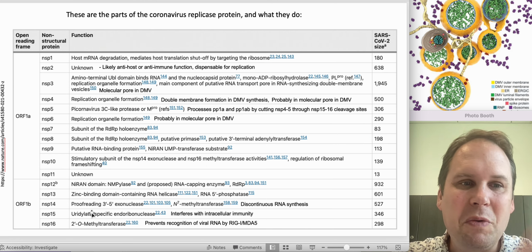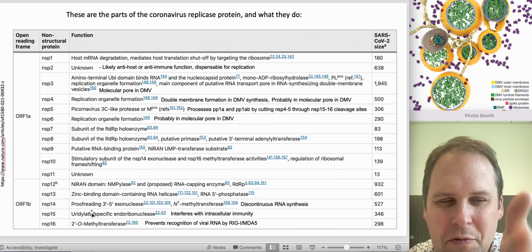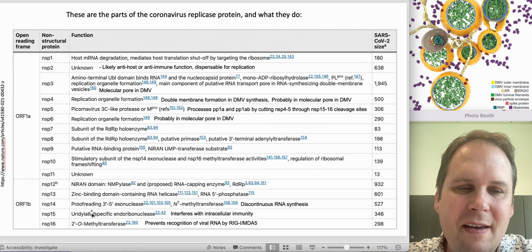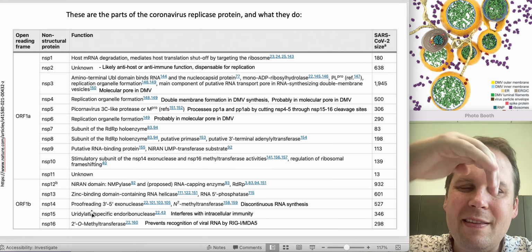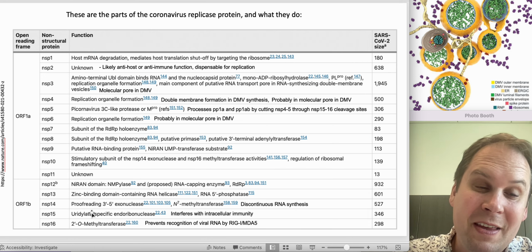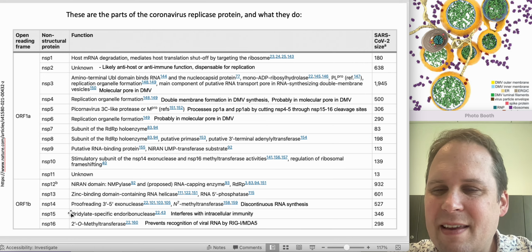NSP14 will correct the mistakes if there are too many, so that the virus can stay right at its fitness peak and avoid the error threshold. It wants to be real close to that, but not quite over, because if you're over the error threshold, you're just dead.